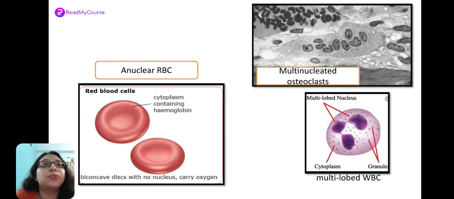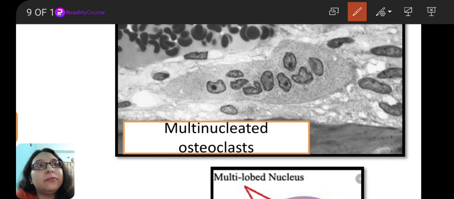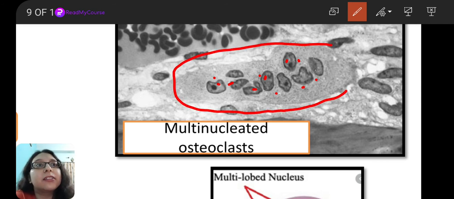Now let's come to the osteoclasts. In the osteoclasts, as we can see in this picture, there are numerous nuclei within one cell. I think you can see this, right? Why is it so? This is because, as I have already said, of the resorptive activity.